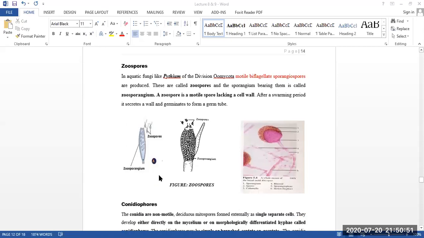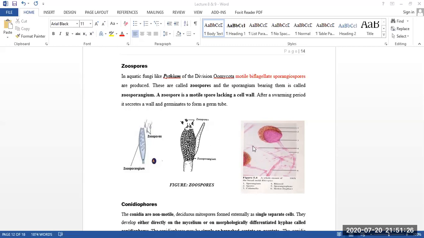Our second one is zoospores. We find this kind of spore especially in aquatic fungus, and zoospores are mostly motile. They are also called motile biflagellate sporangiospores. You can check in the figure that zoospores have flagella in the bottom portion of the spore.